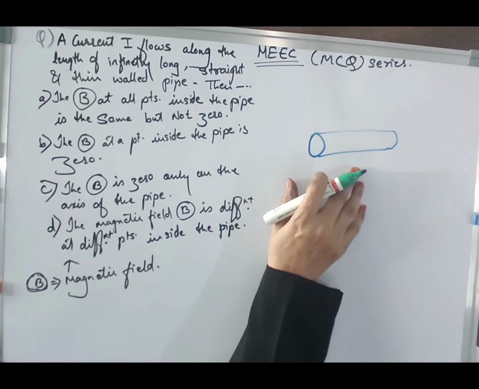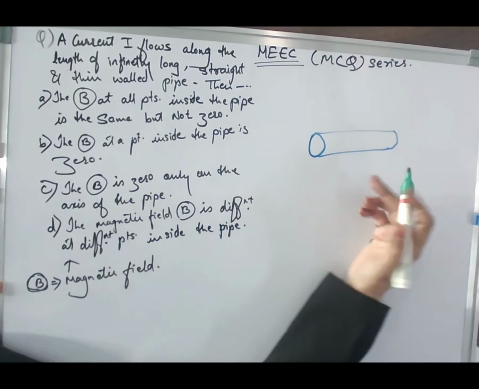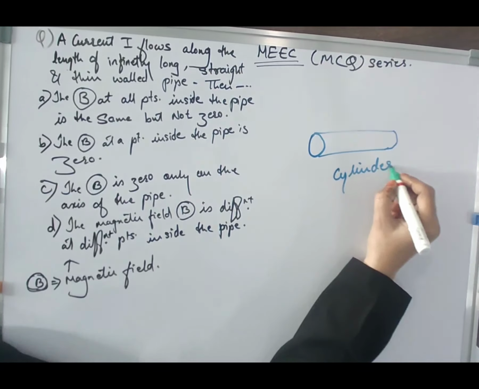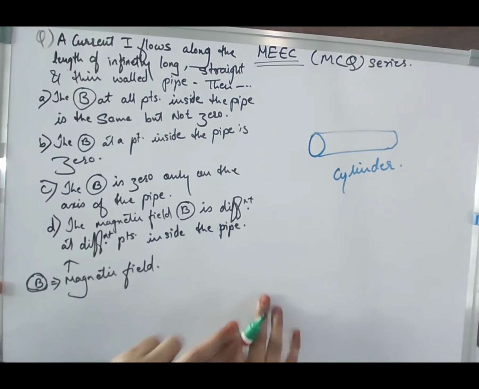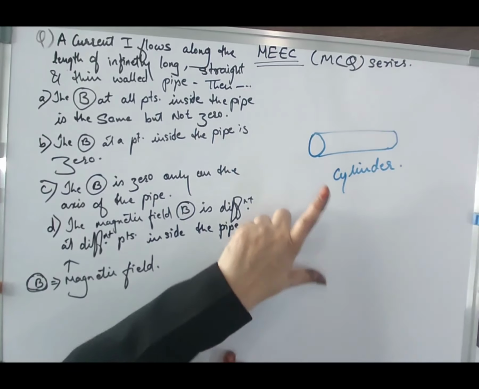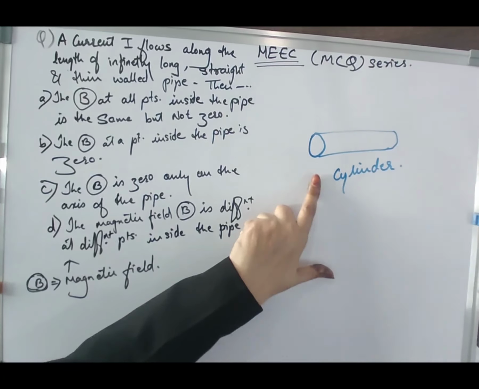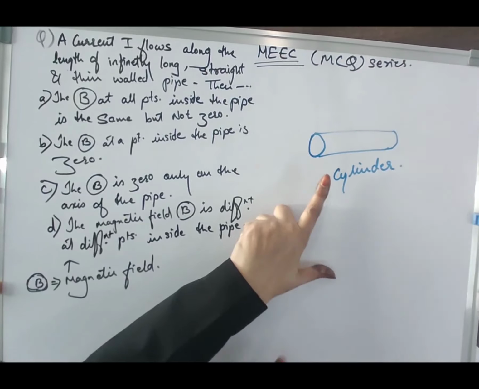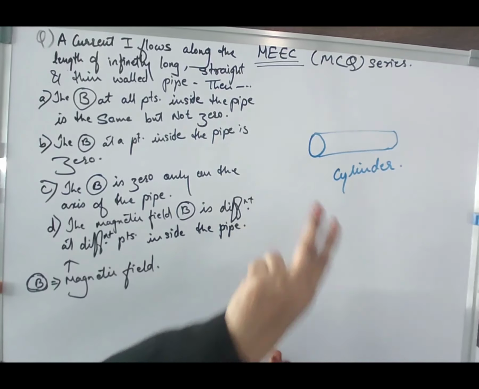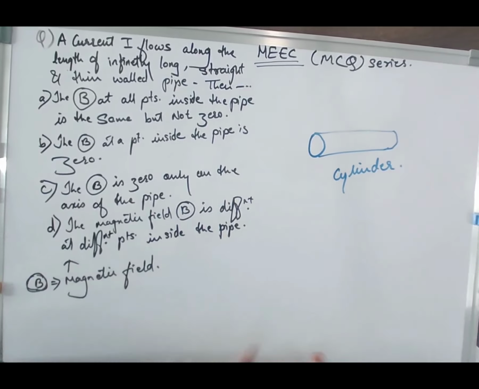Suppose this is a thin walled pipe, means it is a cylinder. We consider it as a cylinder. So in case of a hollow pipe, the magnetic field inside the pipe is always zero at each and every point.